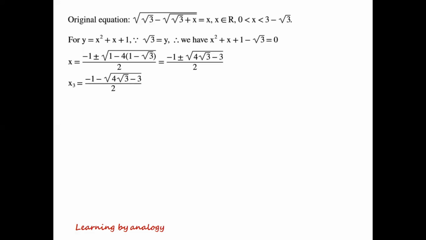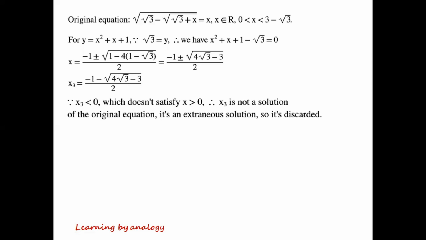One solution is minus 1 minus root of 4 root 3 minus 3 over 2.